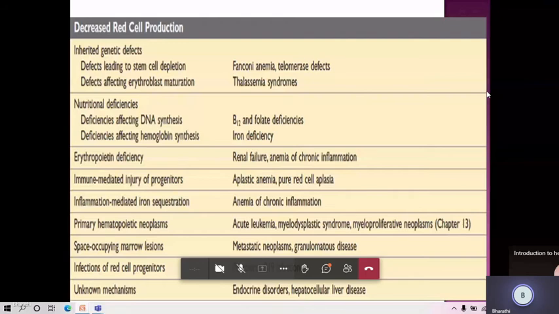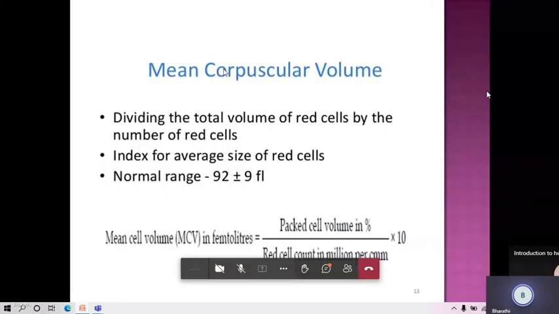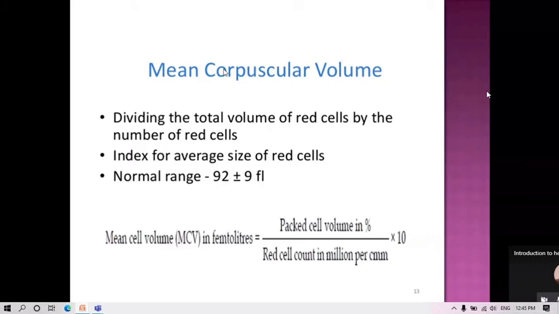Corpuscular means cell. So this is the average volume of the RBCs, and it is achieved by dividing the total volume of red cells by the number of RBCs. It is basically an indicator of the average size of the RBCs, and the normal range is 83 to 101 femtoliters.